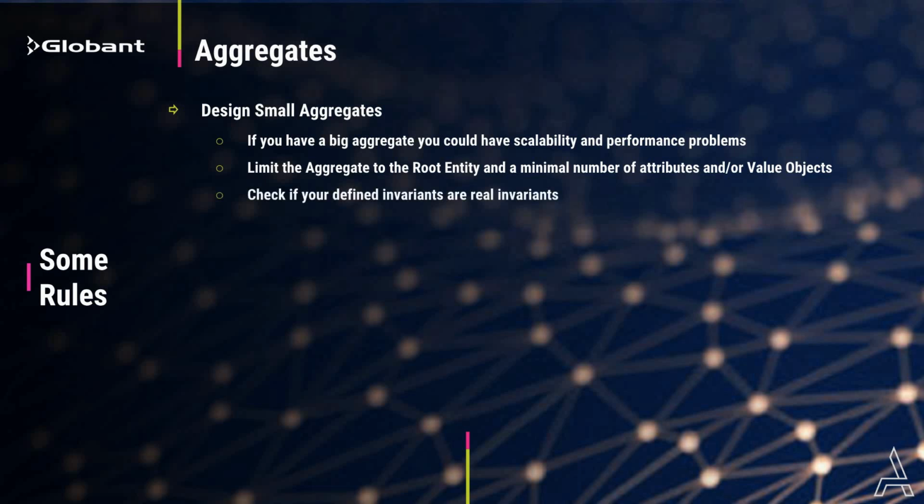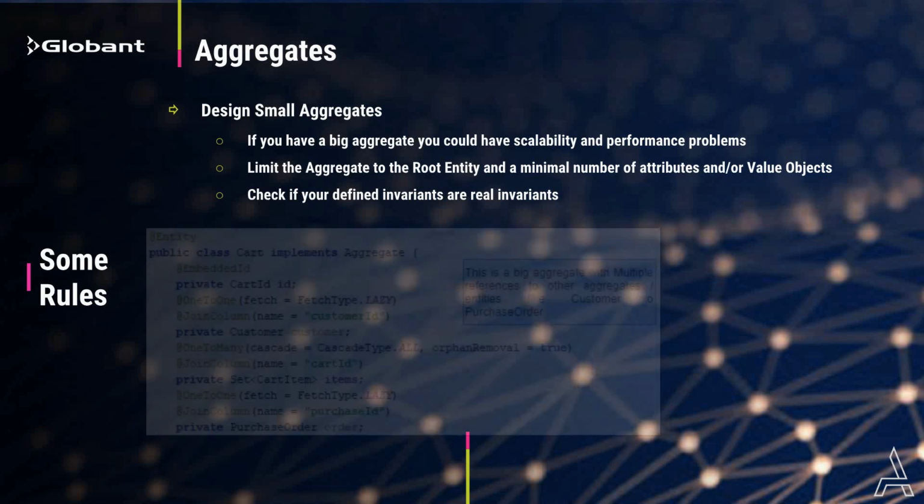You should also check if the use cases you have are really defining invariants, or if the same use case can be achieved with multiple transactions in different moments of time. This can help you to define better invariants and at the same time reduce the size of your aggregates. Let's check an example of this rule.